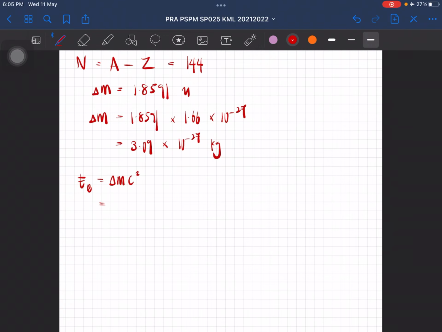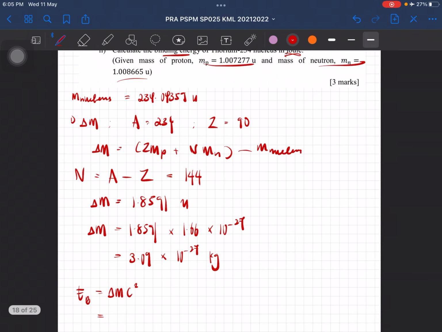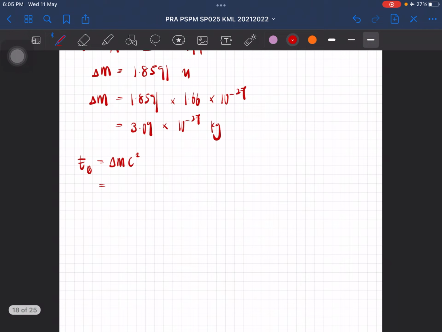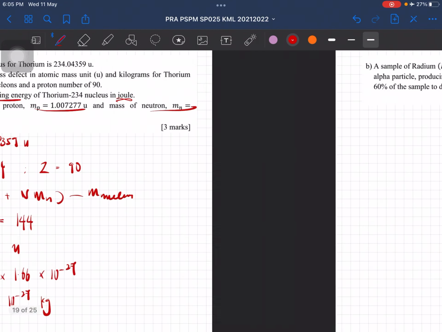Delta m is, it wants the energy in joule, so we are going to use the kilogram unit. So 3.09 times 10 to the negative 27, times it with 3 times 10 to the power of 8, which is the speed of light. So you will then get the binding energy to be equal to 2.78 times 10 negative 10 joule. Alright, so that is on question A.